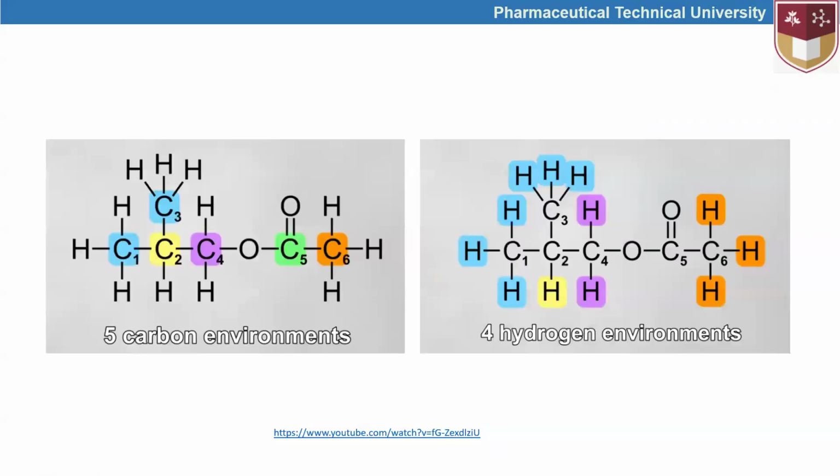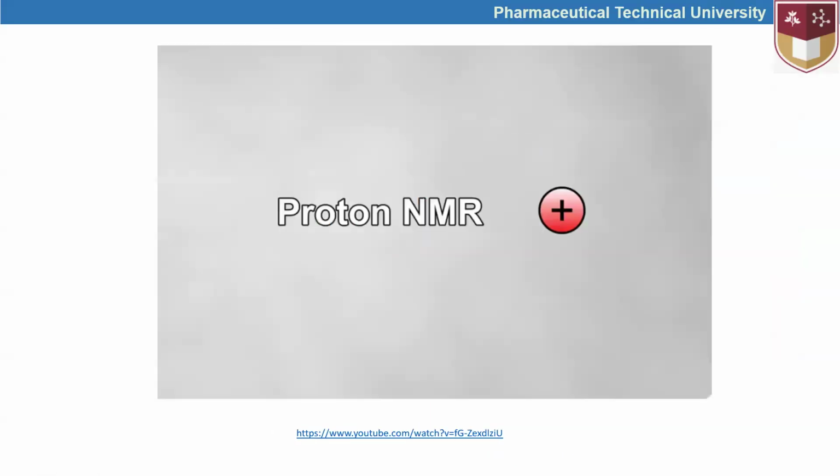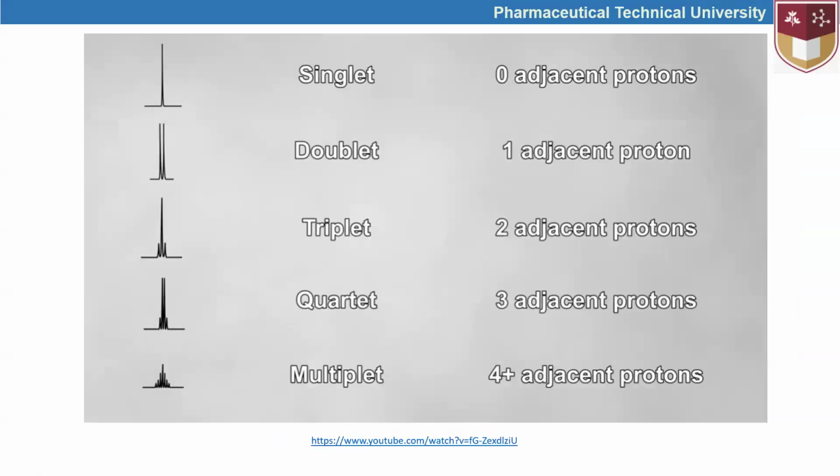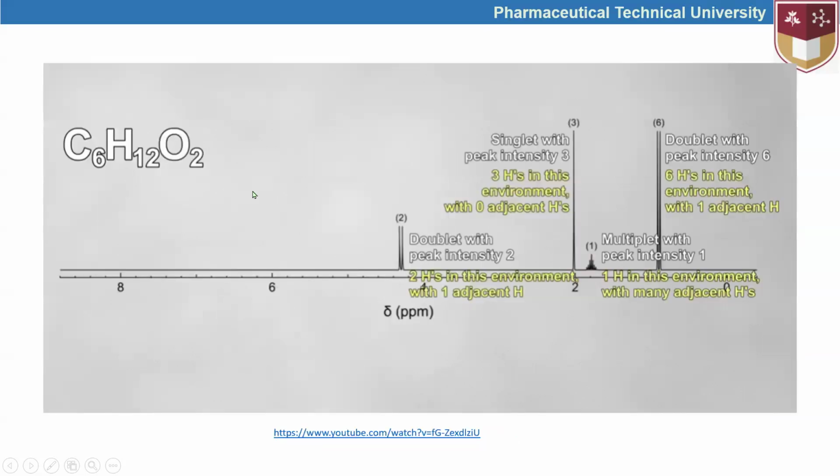Okay, now we go back to our compound here. So doublet means one adjacent proton, triplet means two adjacent protons, quartet means three adjacent protons, and multiplet means four adjacent protons. Okay, and we have this kind of compound. And how do we have to interpret those results?